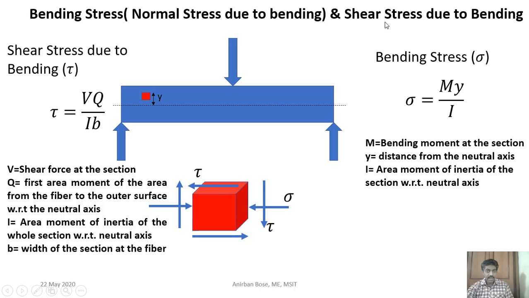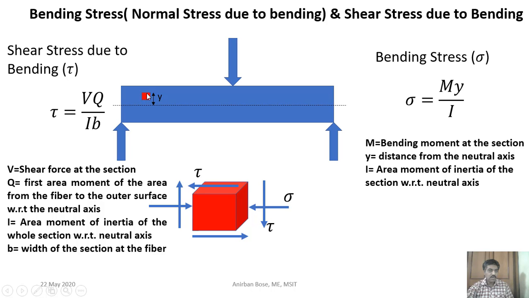Now because of bending, not only normal stress is developed but also shear stress. Shear stress because of bending can be calculated by the formula tau, which is shear stress, equal to V Q by I b. V is the shear force acting at that section. Q is the first area moment of the area above that point up to the extreme surface, either the top or the bottom surface.